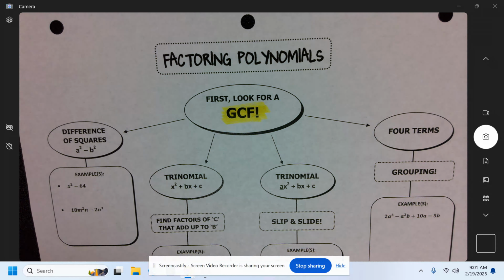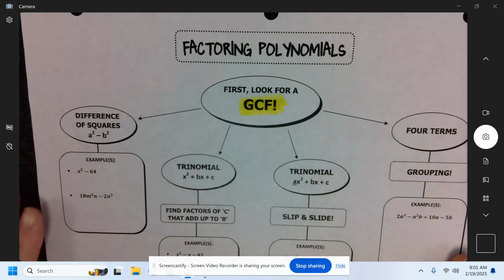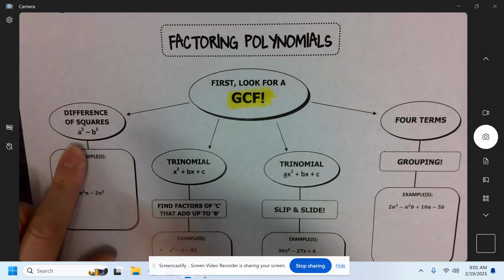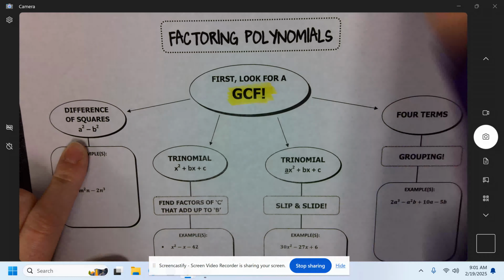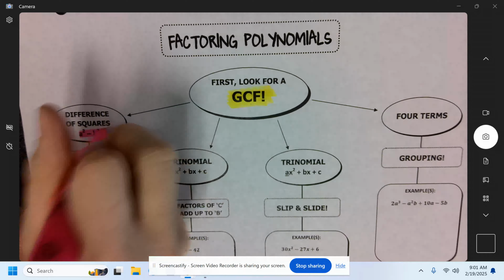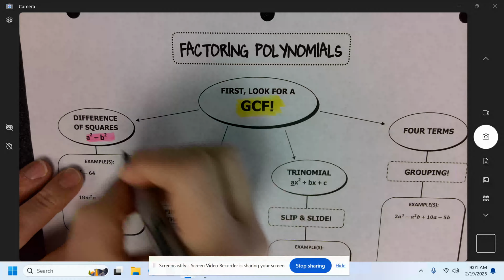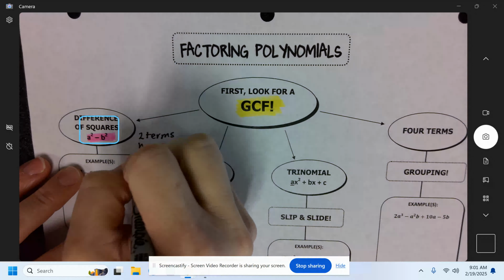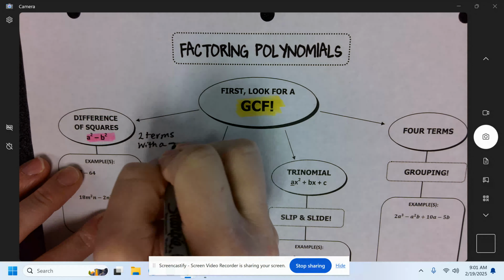If you don't, then you move on to looking to see whether you have a difference of squares, which, by the way, means you'll have two terms. Two terms with a minus.